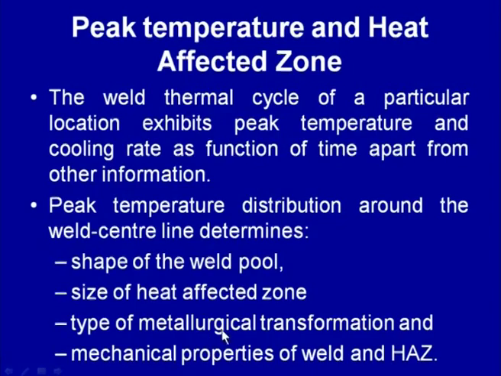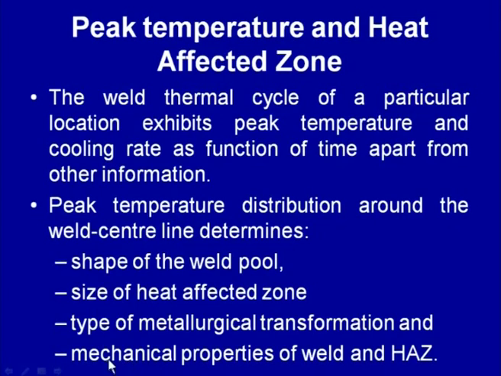And according to the kind of metallurgical reactions which are taking place due to the variation in the peak temperature distribution, mechanical properties of the weld region and the heat affected zone will be affected. For example, if the pearlitic or the bainitic transformations are taking place due to the limited peak temperature in the heat affected zone, then these will result in better mechanical properties in the weld region and the heat affected zone.